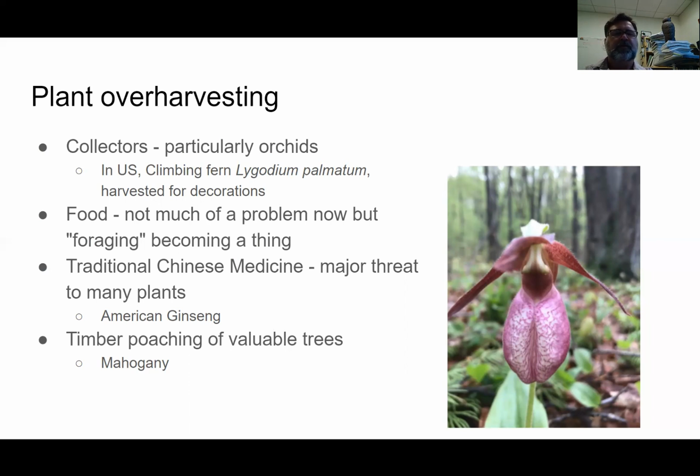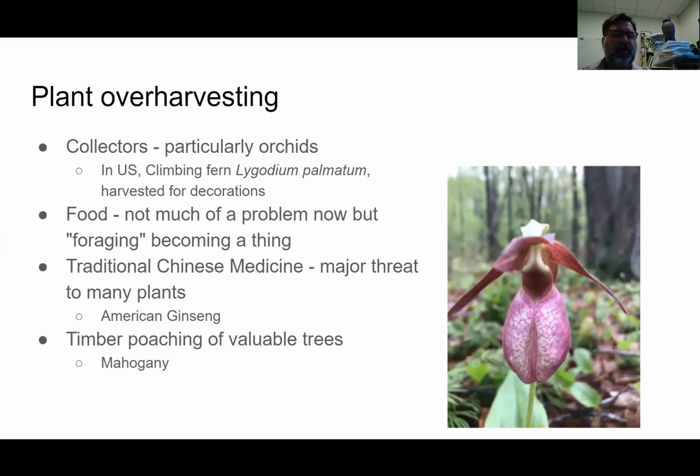And then two last things: traditional Chinese medicine again has been a major threat to a number of plant species, and I think one of the more popular plants that has disappeared across our landscape is American ginseng, which is largely gone. And that's not just traditional Chinese medicine. That's also American folk use that has been a threat to this species. But there are other plants around the world that are overharvested for these medicines.